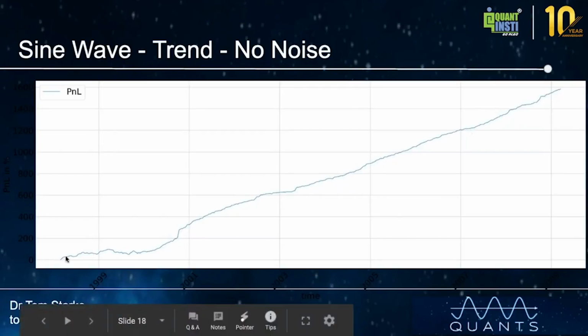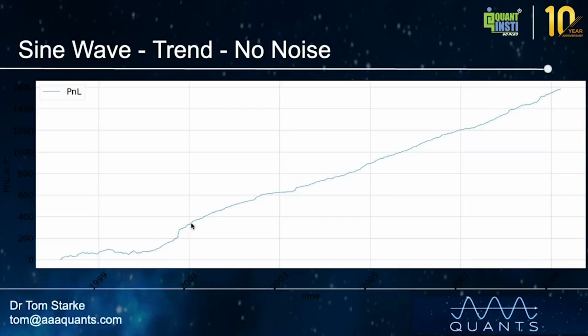So at first, the machine starts learning, and it doesn't actually make much profit. It's not doing very well because it's still in a stage where it tries to figure out what's actually happening. And then at some point, it starts picking up the sine wave, and once it's learned the sine wave, it consistently starts making profit.